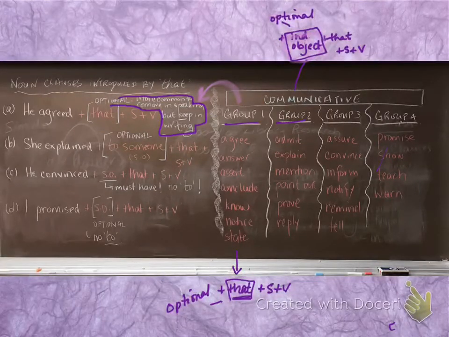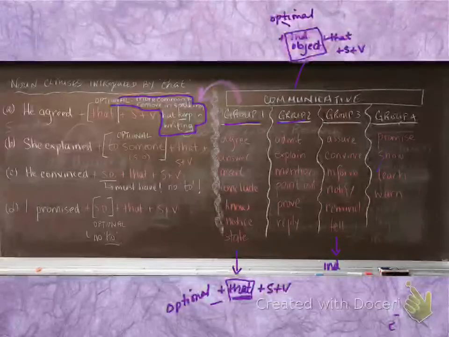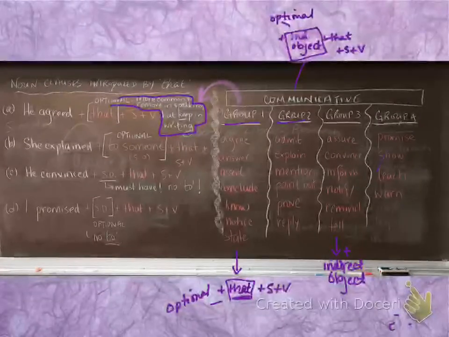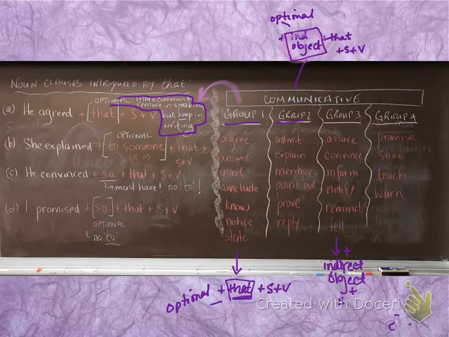Group 3 are the ones that we were talking about just a few minutes ago. He convinced someone that something happened. Okay, so here we've got he convinced someone, so we've got an indirect object. So it's one of these words plus an indirect object, plus that, plus subject, plus verb. Whoops, I'm missing the word that.